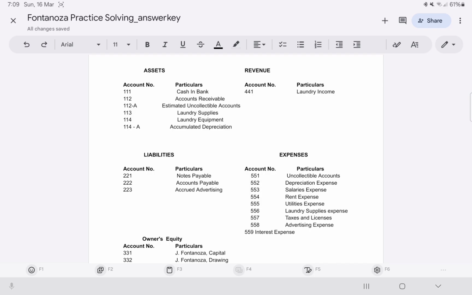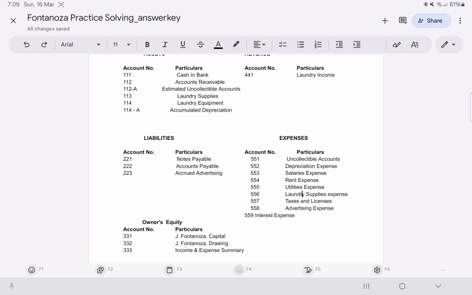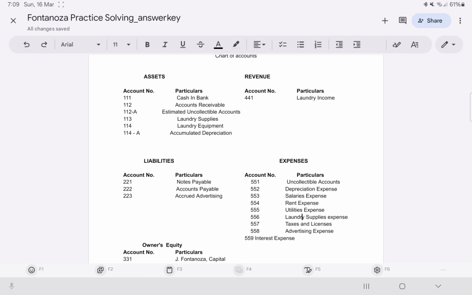Okay, and then this estimated uncollectible accounts, we are going to refer to the balances of the debts of our customers here.